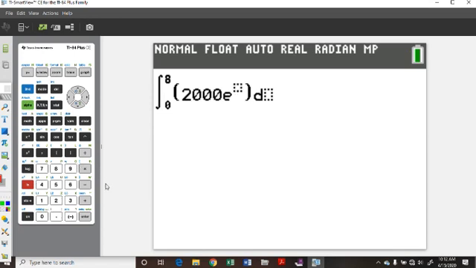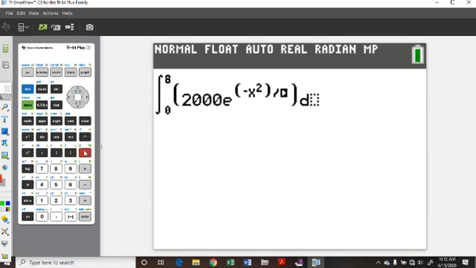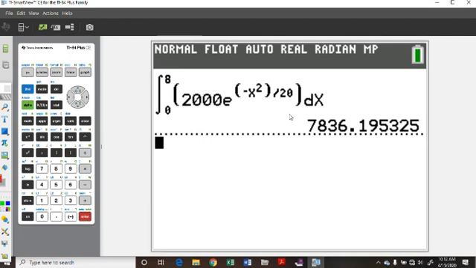Now be careful putting this in. This would be negative x squared, in parentheses, divided by 20 power. We'll do it with respect to x just to get an answer.